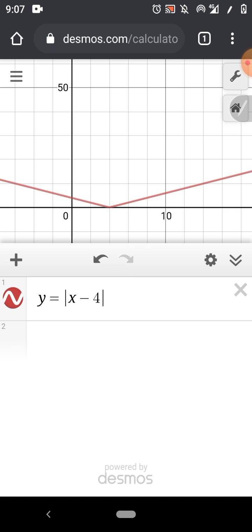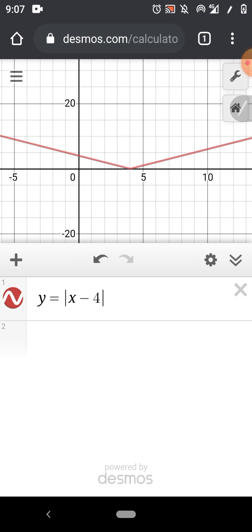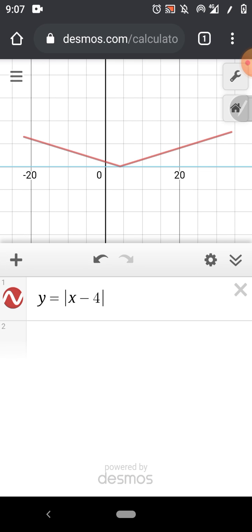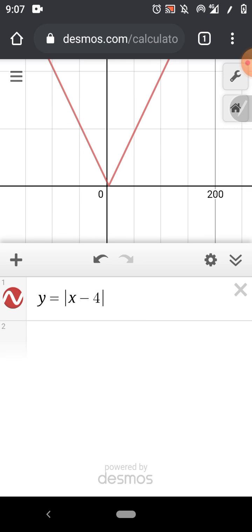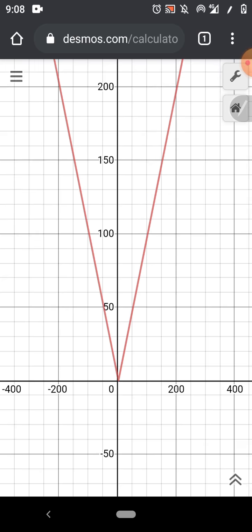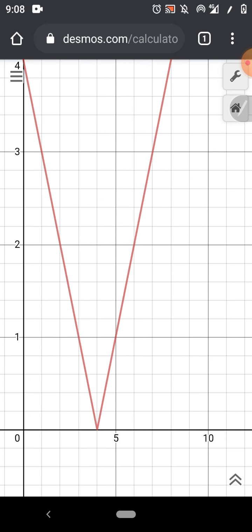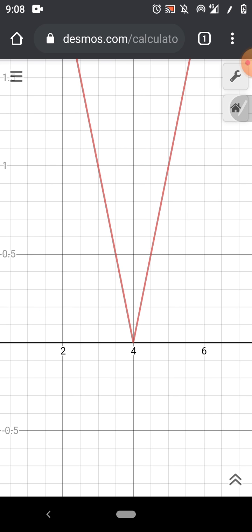The graph looks like this. X minus 4 magnitude, that's what the graph looks like. It's not really a curve, it's just some kind of V shape that goes upwards like that.